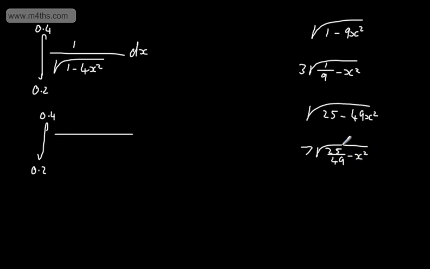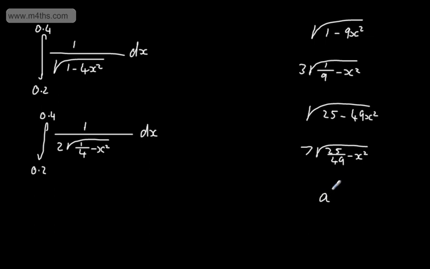So in this particular case, again, we could see that a squared was 25 over 49, so a would be 5 over 7. So if I do that, what I'm going to have is 1 in the numerator, I'm going to have 2 in the denominator, then I'm going to have 1/4 minus x squared. We're integrating with respect to x. So now I have a standard result.